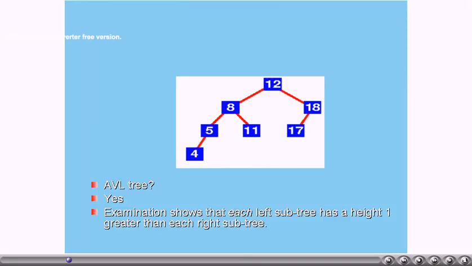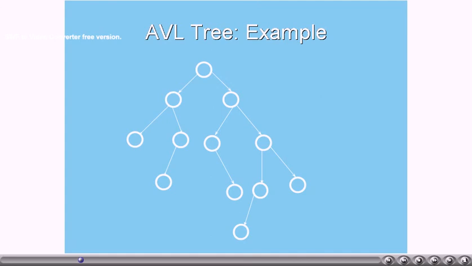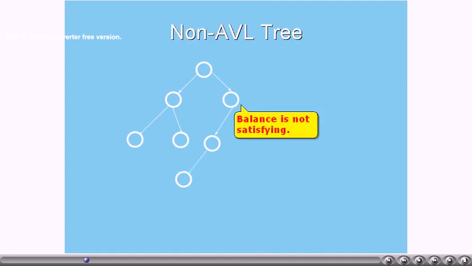If you verify, this figure is also an AVL tree. This is not an AVL tree. At the root node, the property is not getting satisfied. This is another example for an AVL tree. This tree cannot be called an AVL tree.